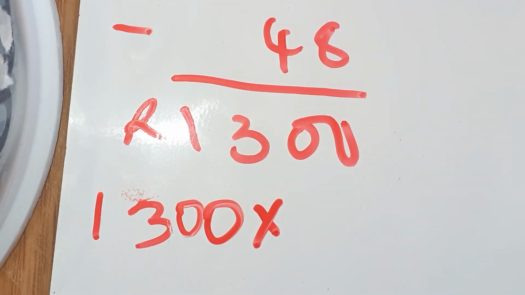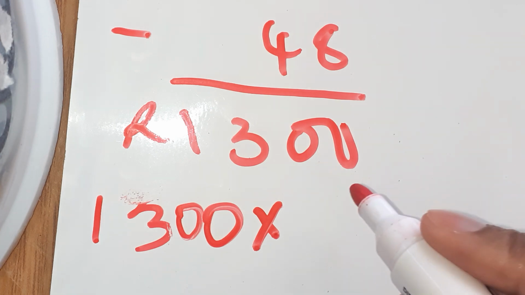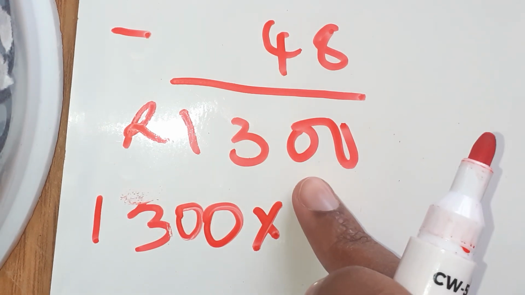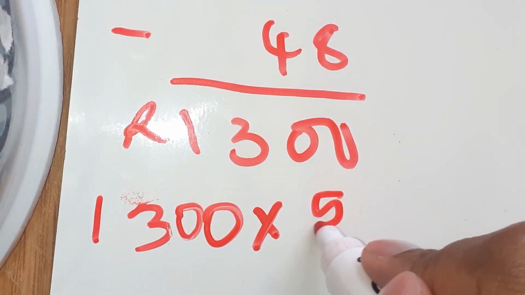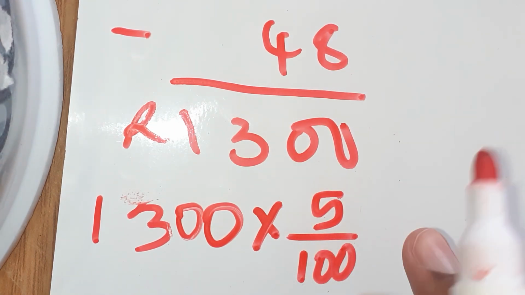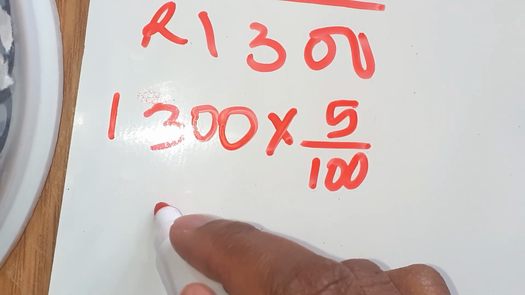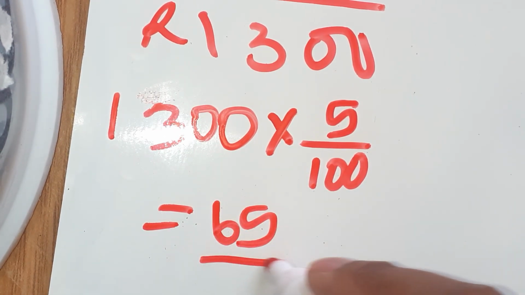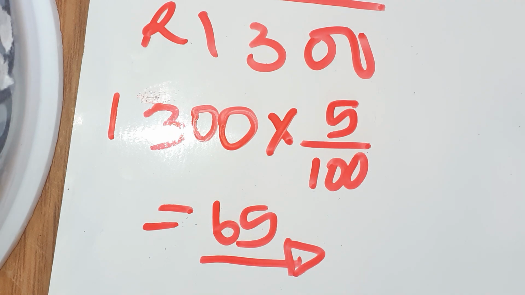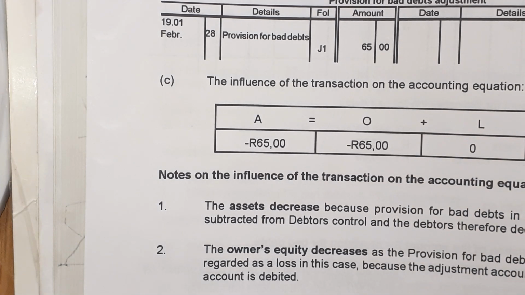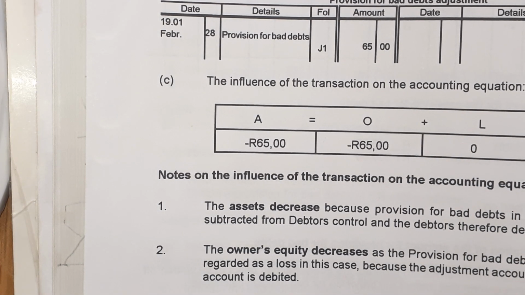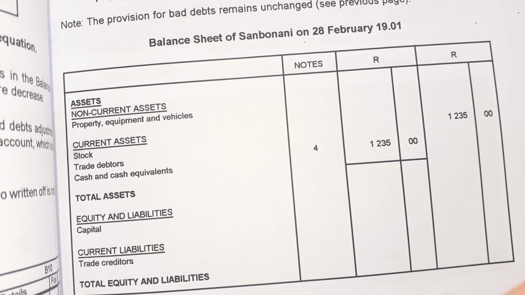So we say 5/100, and that will give us 65 rand. A provision for bad debts of 5% will give us 65 rand. So this will be the effect of the 65 rand on the accounting equation and on the balance sheet.